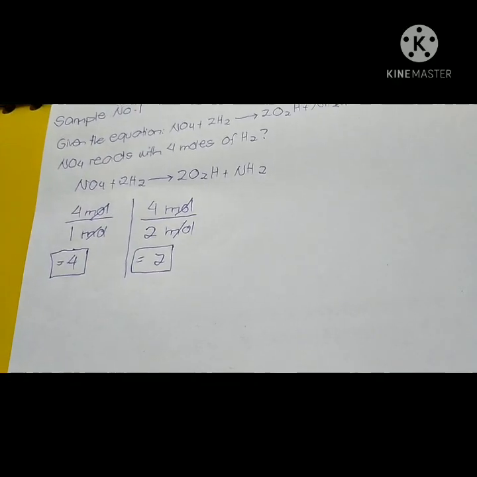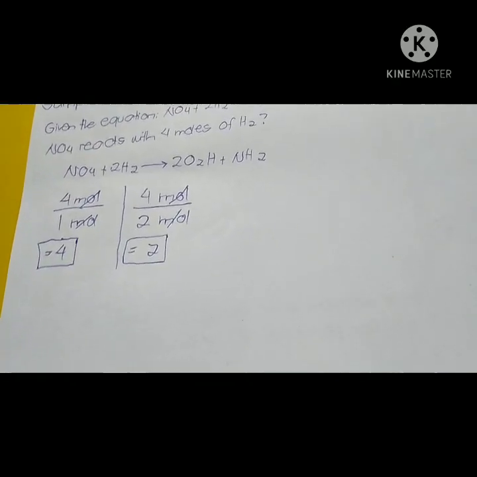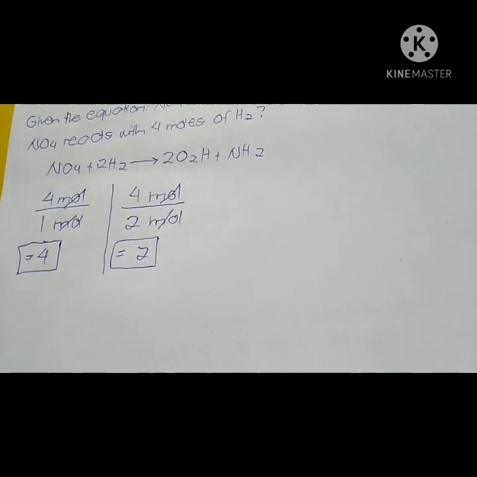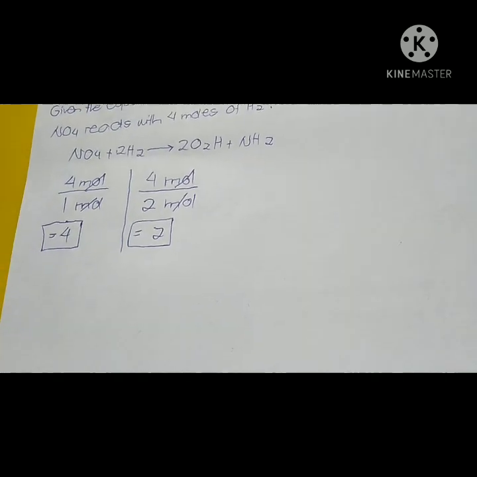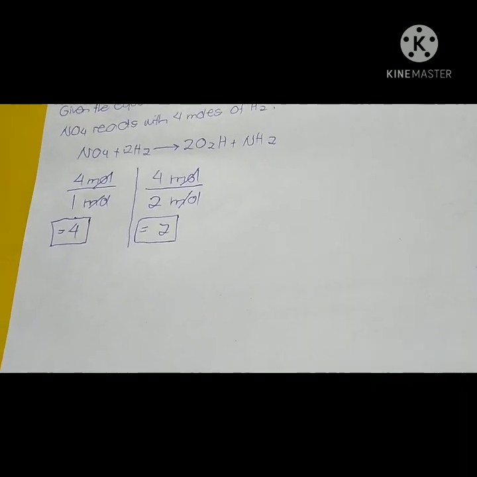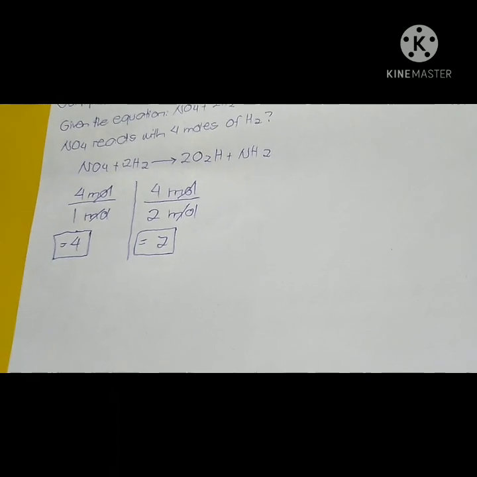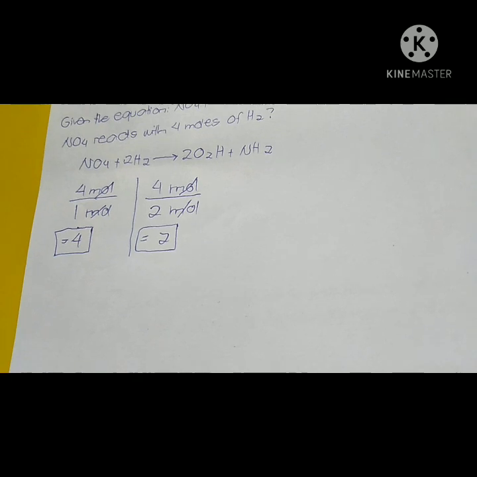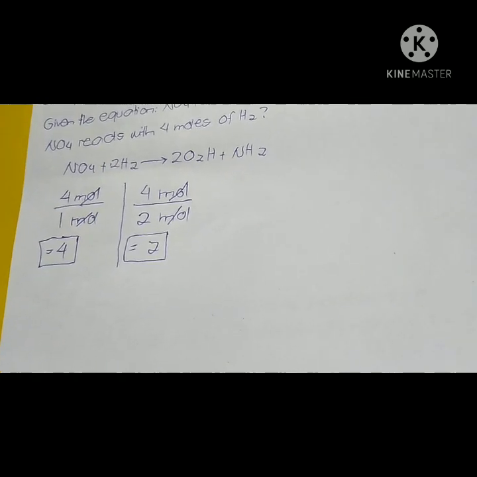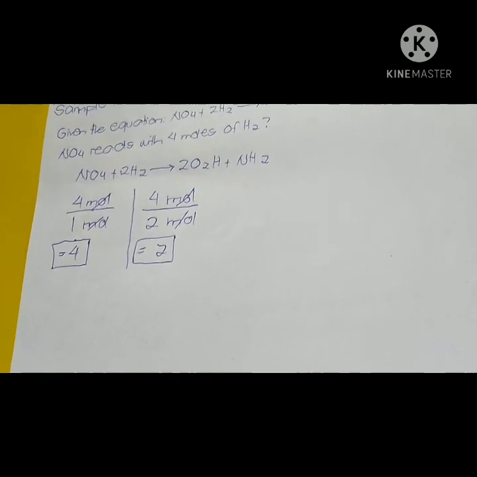So, how do we define limiting reactant and excess reactant? The limiting reactant is the reactant that limits the extent of the reaction and determines the amount of the product formed. Excess reactants are reactants that are left over when our reaction stops.